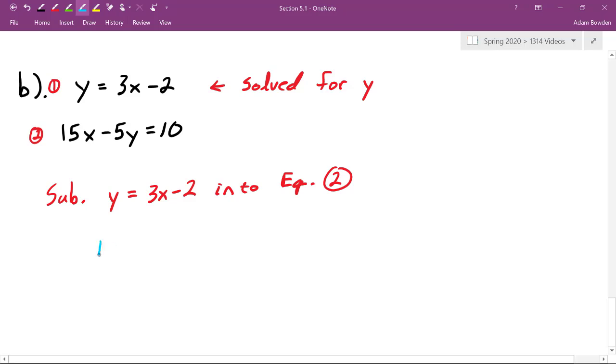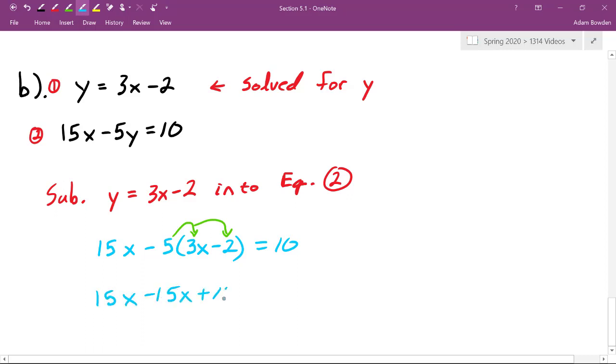So substituting this in, we'd have 15x minus 5 times 3x minus 2 is equal to 10. After we distribute the negative 5, we'd have 15x minus 15x plus 10 is equal to 10.